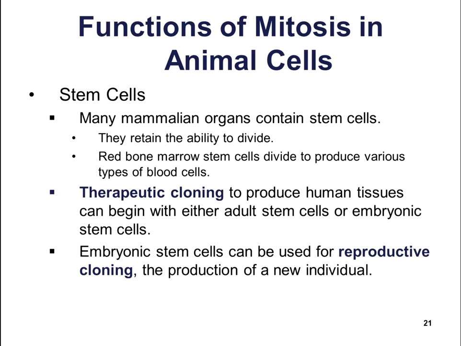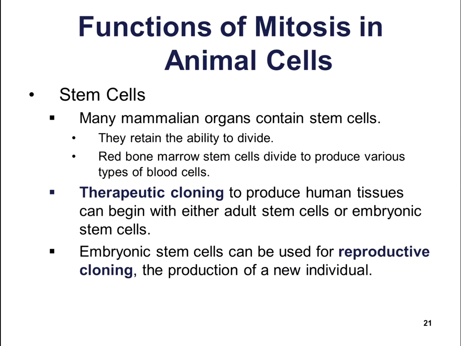So, stem cells. Many mammalian organs contain what we call stem cells, and they retain the ability to divide. Red bone marrow stem cells divide to produce various types of blood cells.